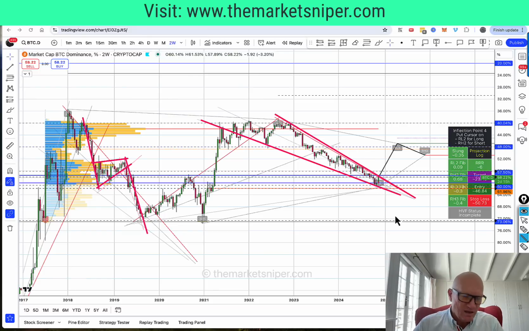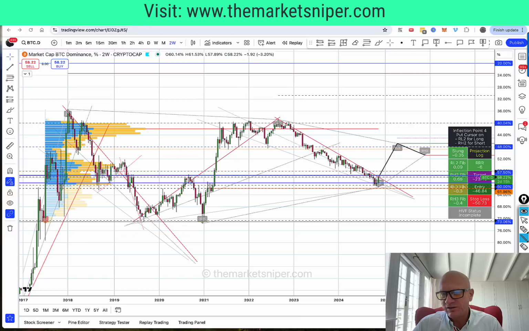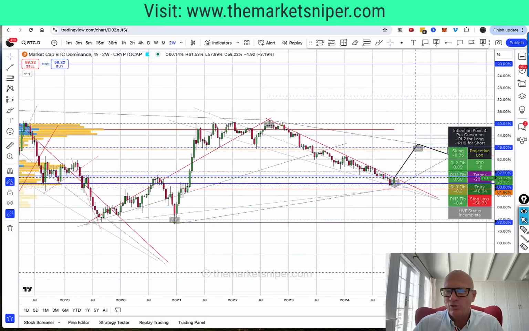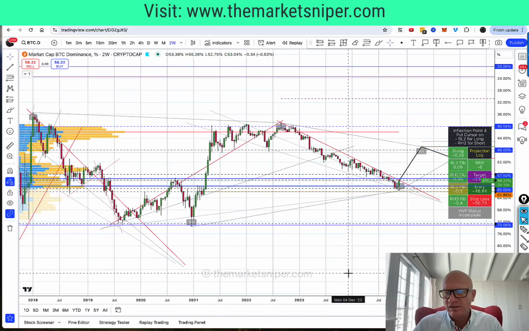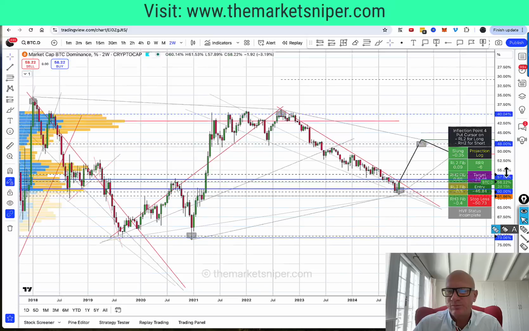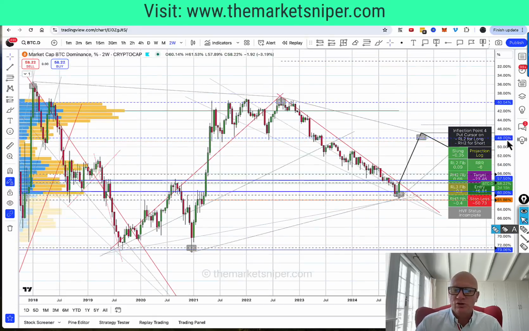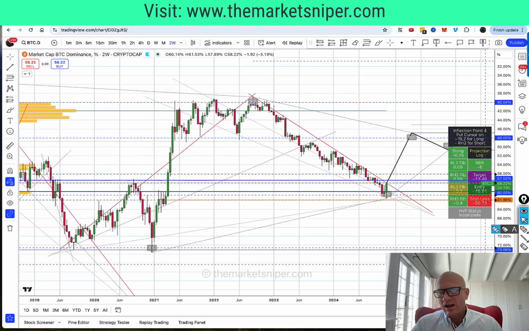Now I've got all my HVF setups and targets on it, so there's a gray label busy masking it. So I'm going to zoom in a little bit and give you the lowdown on this, because this is a key call that we're making. We are now saying to you that the biggest movement will actually be in the total market cap 2s and 3s, and I particularly fancy total market cap 3, so that excludes Ethereum.